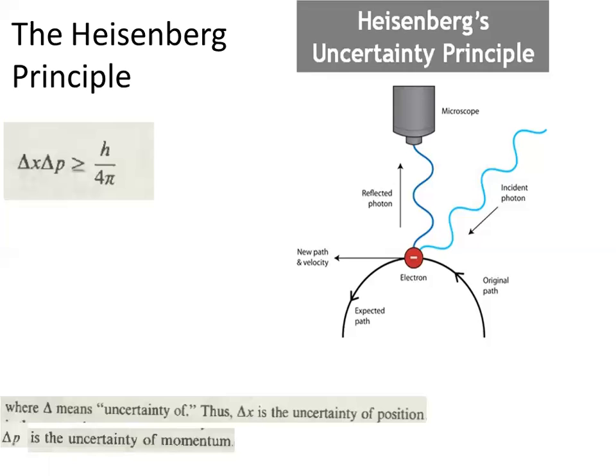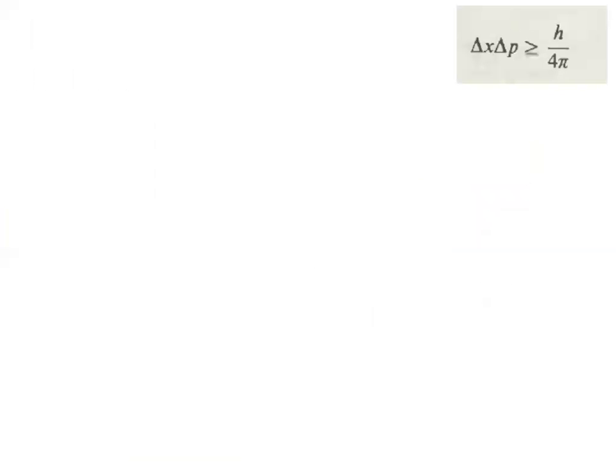If you can locate the position, then what would be the velocity of that electron? Then there will be more uncertainty in the velocity of the electron. If you want to precisely measure the velocity of the electron or the momentum, then there will be more uncertainty in the position of the electron. Clear? That's what we are going to do now.